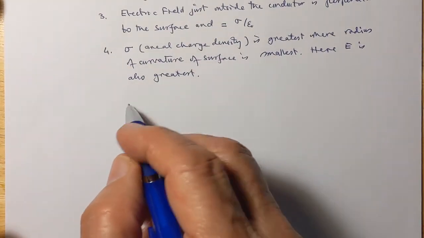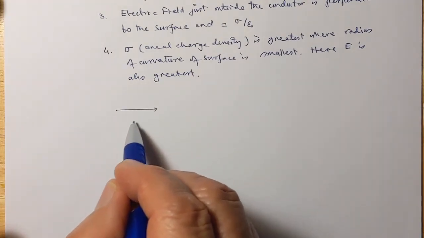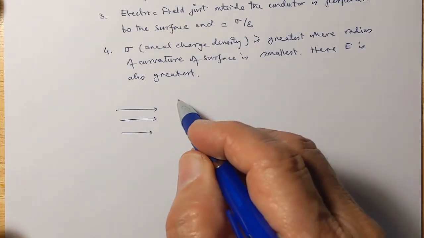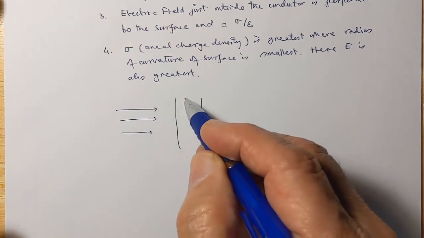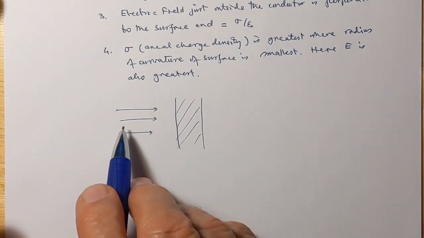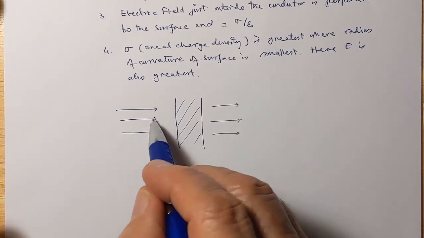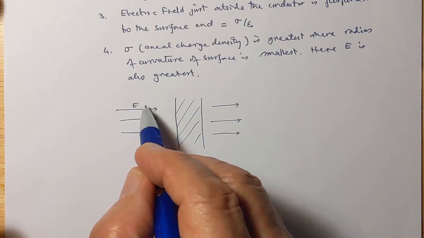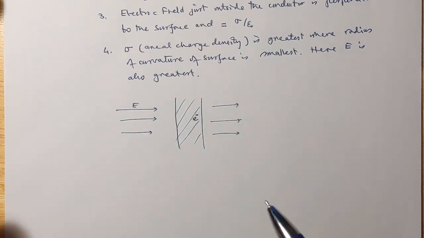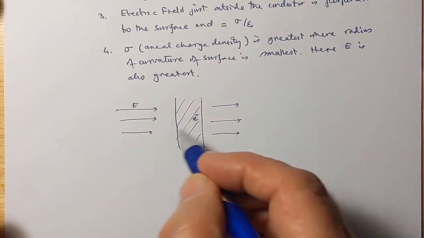If we have an electric field that is, let's say, uniform, going from left to right, and we have a conductor over here, then as soon as this electric field is switched on, the electrons in here, which are free electrons and can move, will be attracted towards the left.